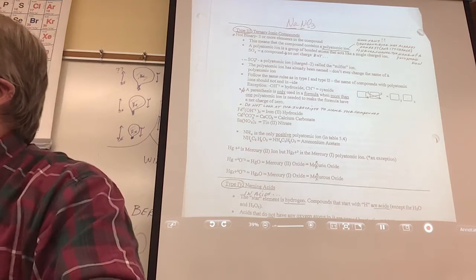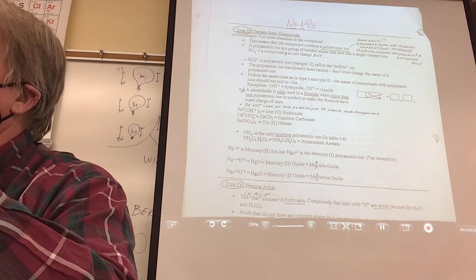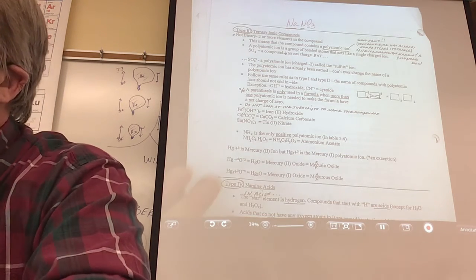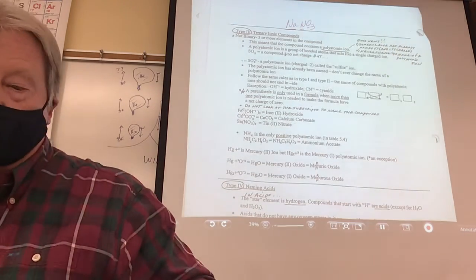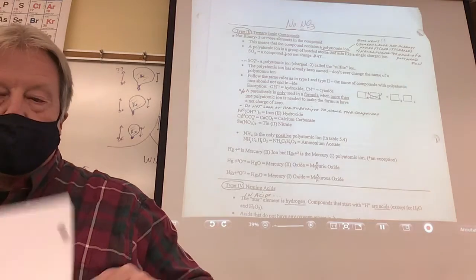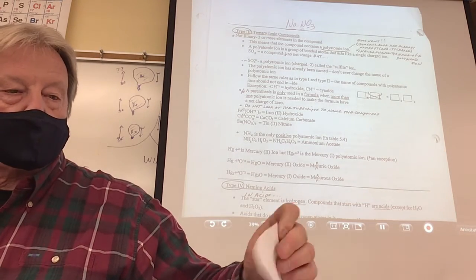So I got some good news for you. If you have more than 2 elements in you, good news number 1, it contains a polyatomic ion.